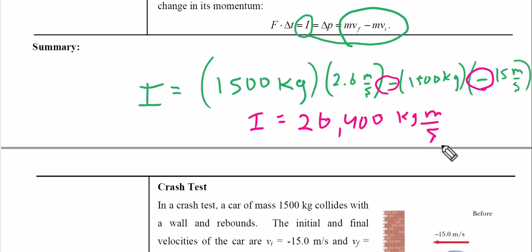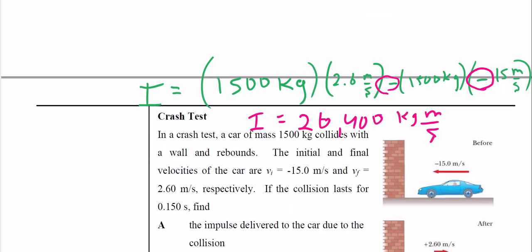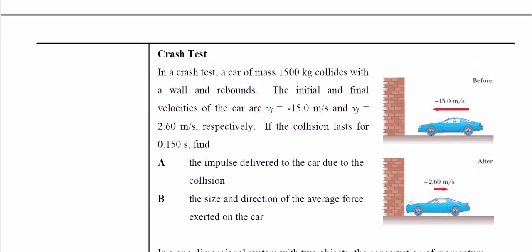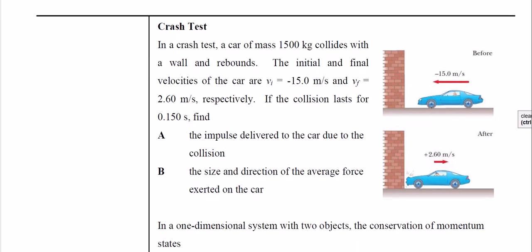So that's our impulse for part A. Now, it's interesting to make some observations. Notice in this case that the velocity going into the wall is not the same as the velocity going out of the wall. We'll talk about that in the near future, about what happened to some of that energy. However, part A, we got our 26,400.